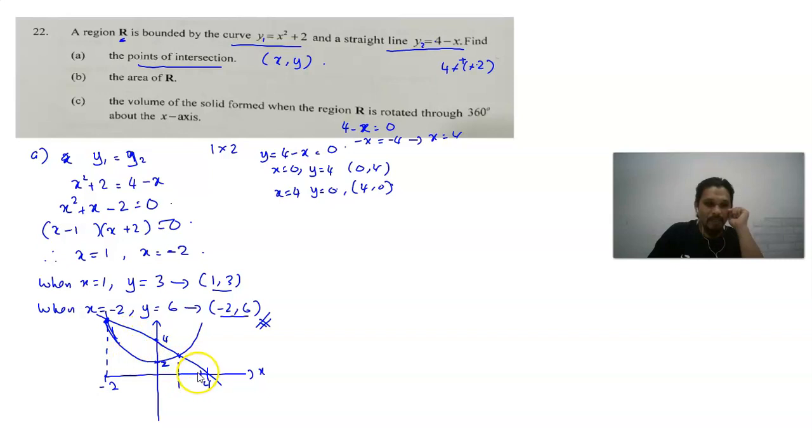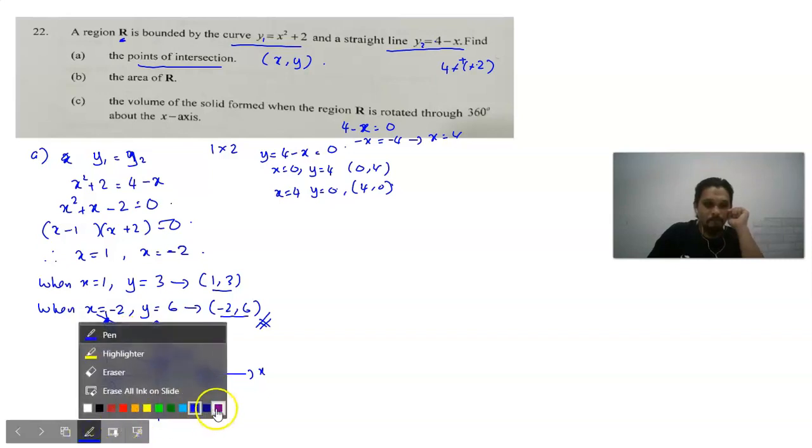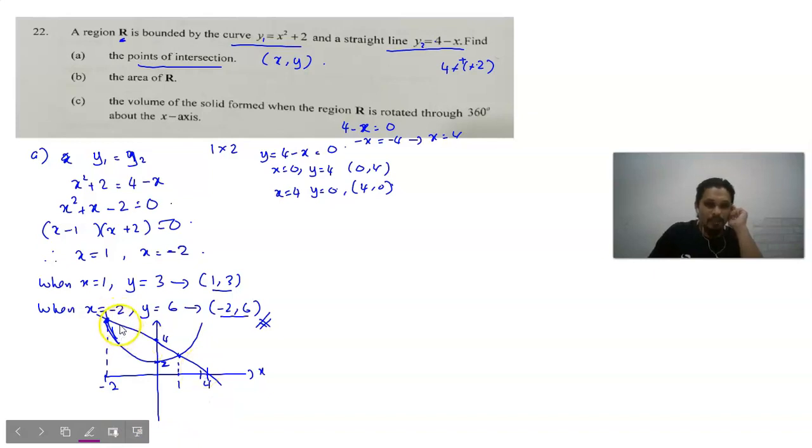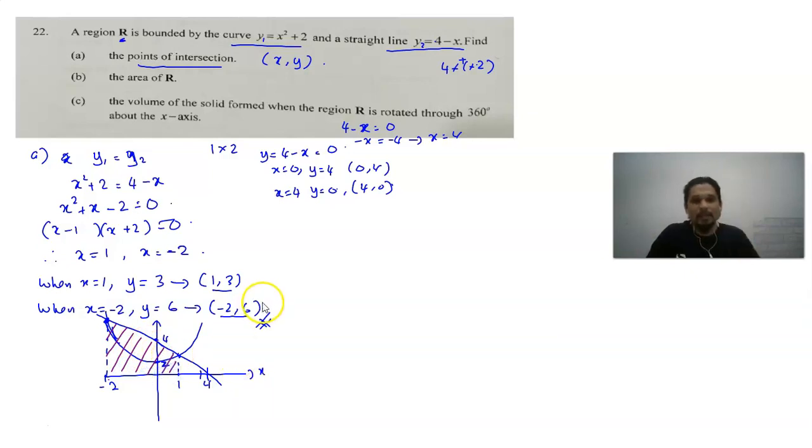But before that, first we find the area between this straight line and x-axis from negative 2 until 1, which looks like a trapezium here. And then minus the area between this curve and x-axis.